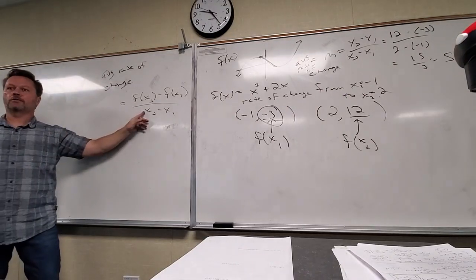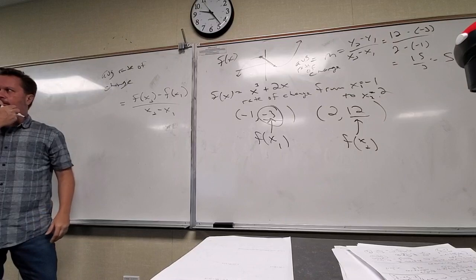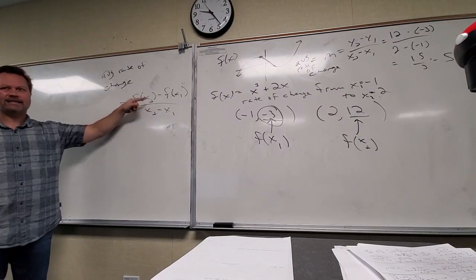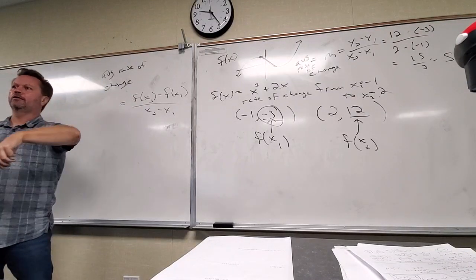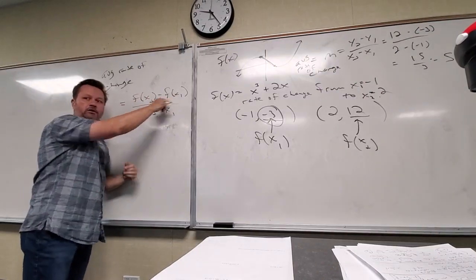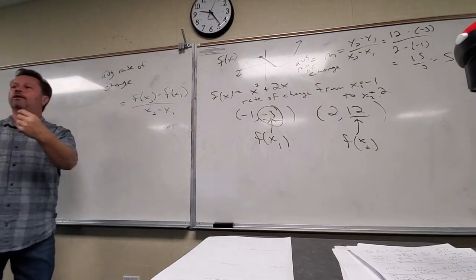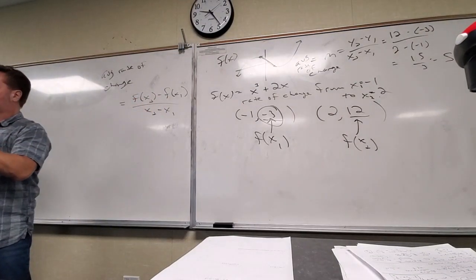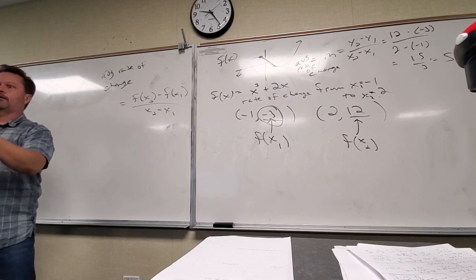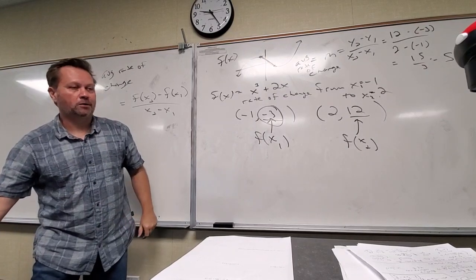That's really all this is. The formula makes it look worse than what it really is. What do you get when you plug an x into a function? What's the output? What letter do we give the output? Y. So this really is y2 minus y1, correct? It just looks different because we're not given y's. We have to calculate the y's first. Now, let me get to the actual question that was asked, because that's why it looks worse.